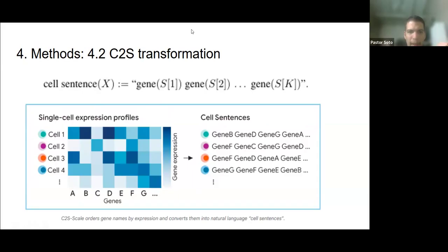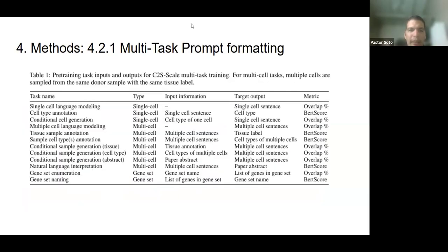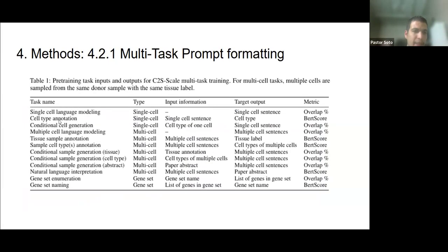And this is what I was mentioning about the table. They have different tasks, and these different tasks have different input information that they need, and they have a target output. For instance, this cell type annotation that we discussed has a single cell sentence as a representation, gene A, gene B, gene C, and so on, and they provide the target output, which is cell type.